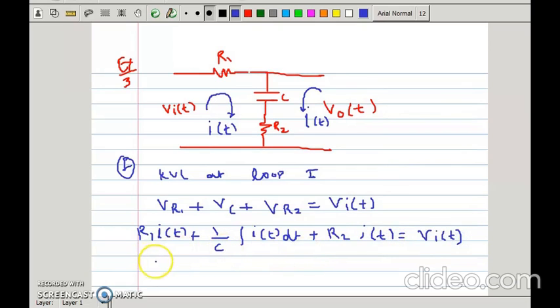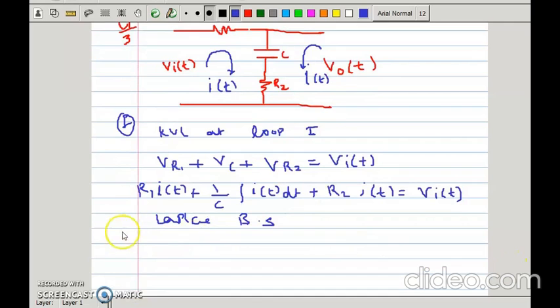Okay, let's take Laplace transform at both sides. When we take Laplace transform, what happens?